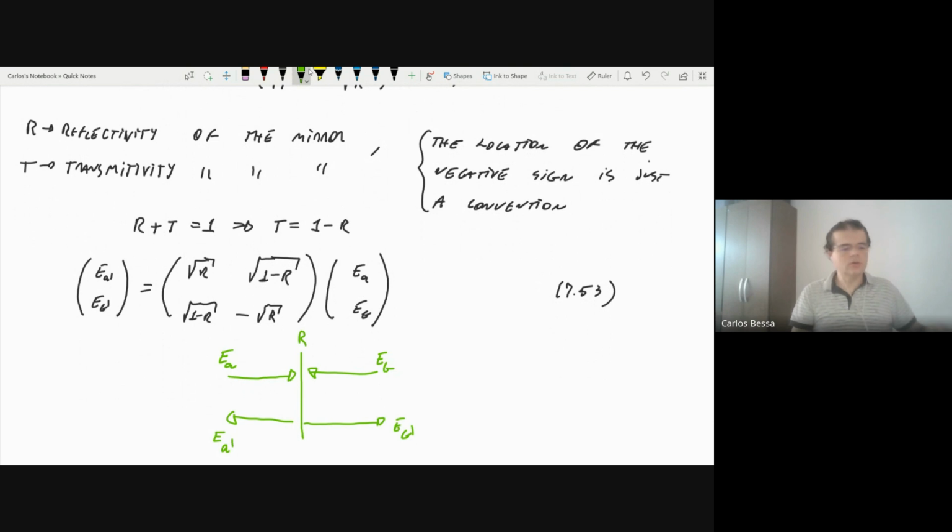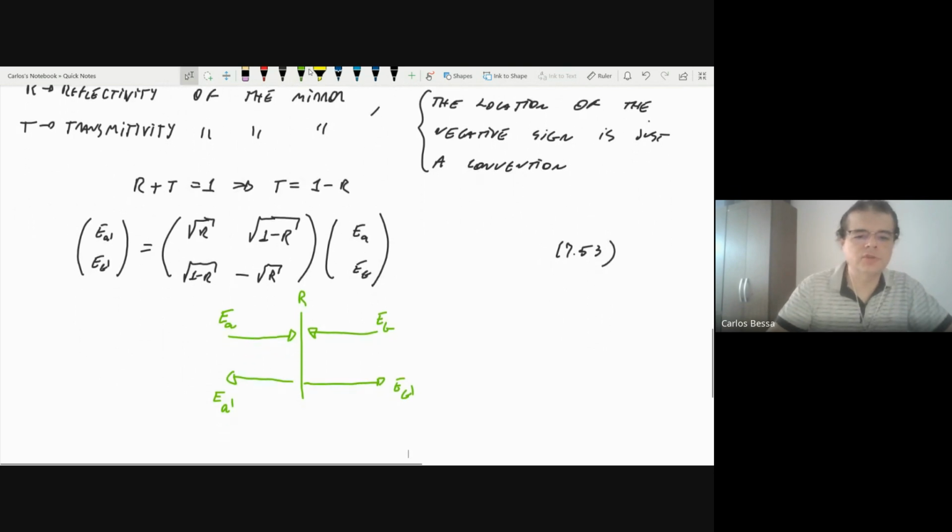This is just the figure. This is basically what we have at the beginning of box 7.5. But let's try to understand the expression they give.